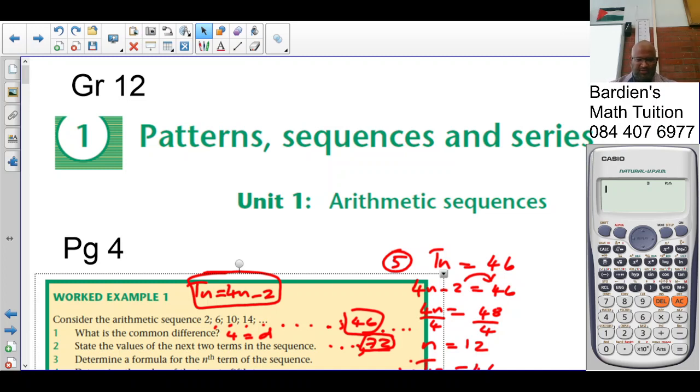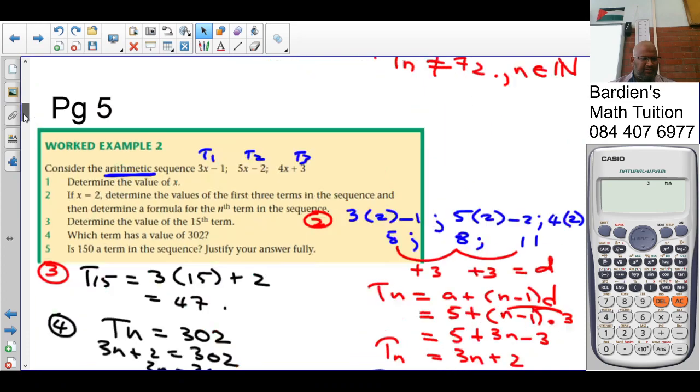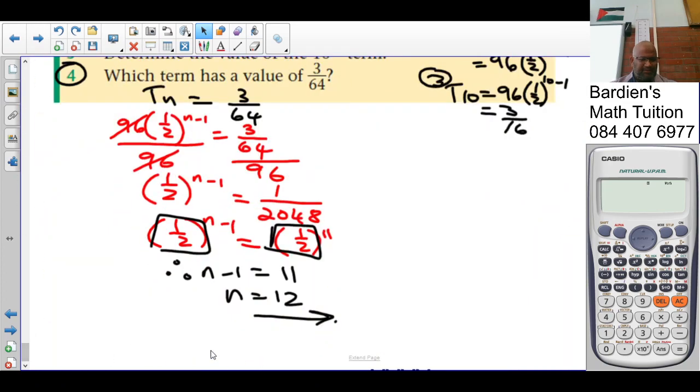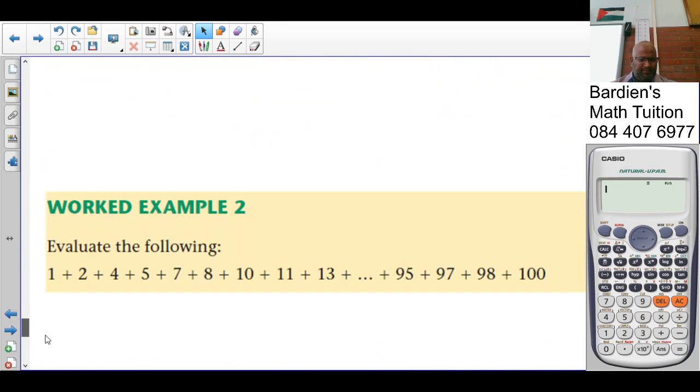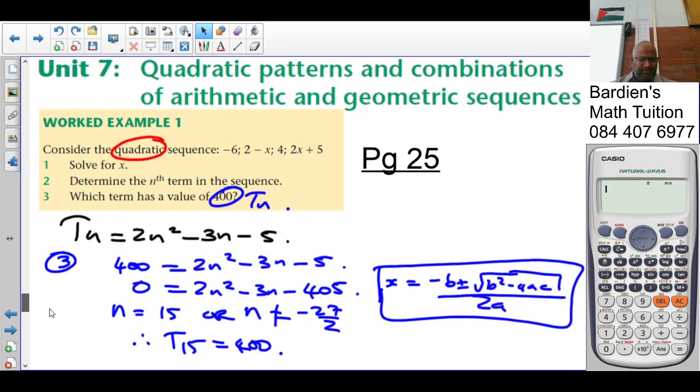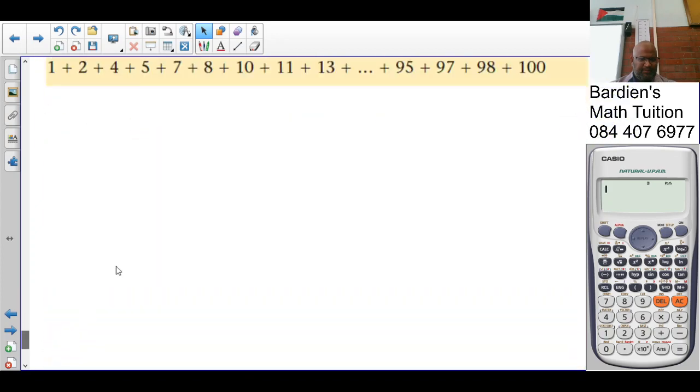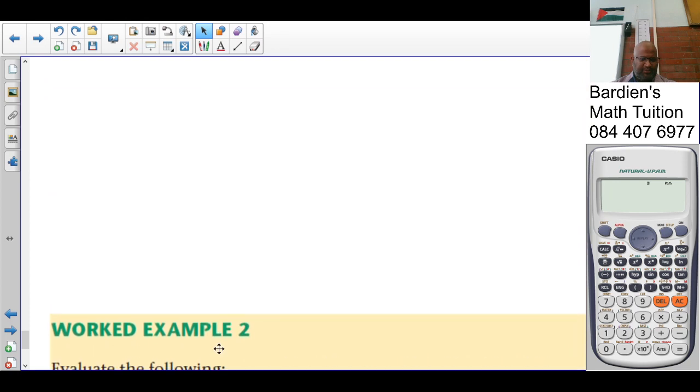And this is on page 24. Okay. Here's example 2, I'll use that later.